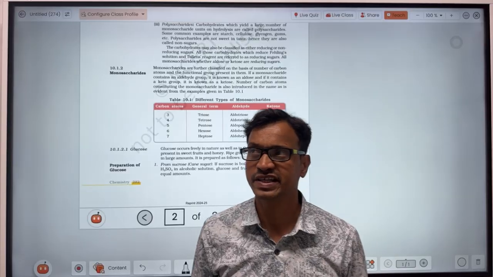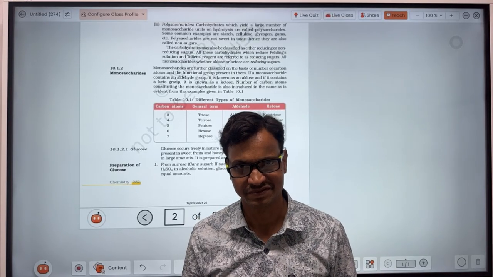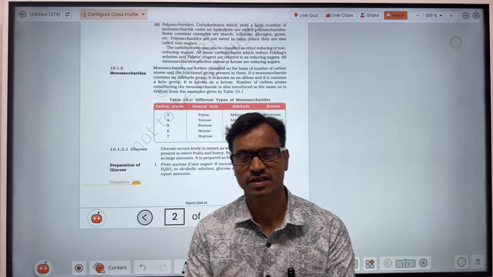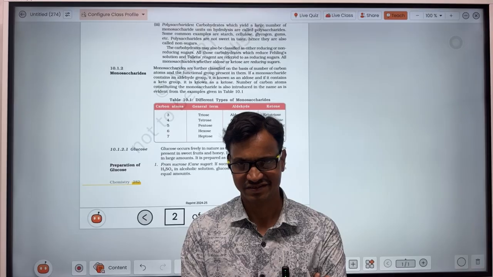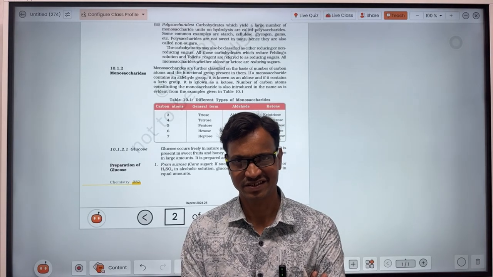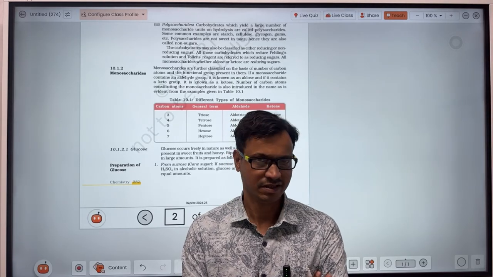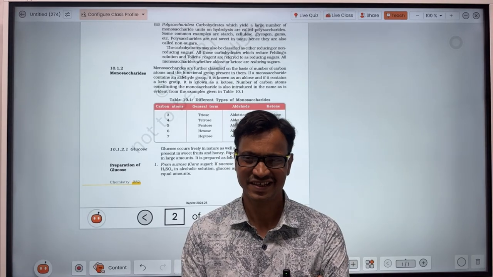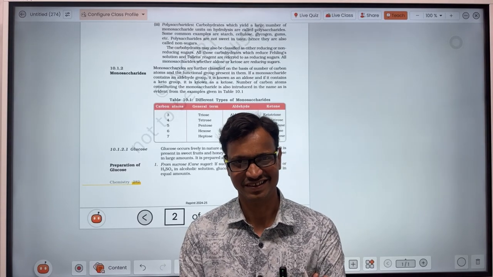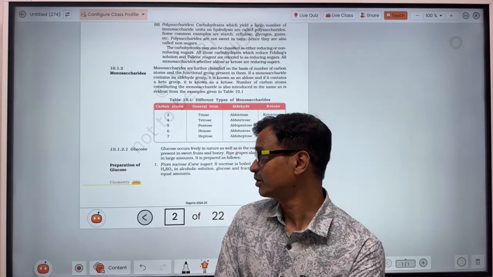Glucose is a dextrorotatory compound, that means it rotates plane polarized light towards the right, and fructose is a levorotatory compound, that means it rotates plane polarized light towards the left. You will have to study chemical properties and so on, and then we will go fast through the remaining portions because there will be polymerization and so on. So that is about glucose.